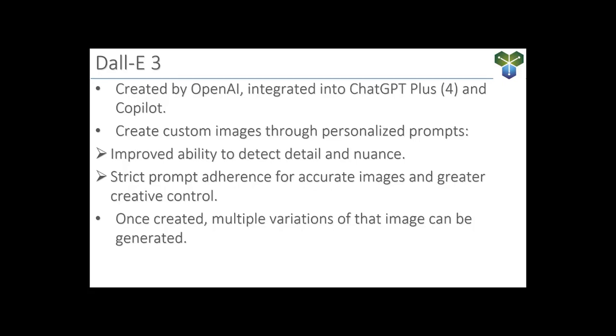So you can really dive in and get your hands dirty, so to speak, as you journey down this creative road to ultimately getting the image that you want. Now, once you have this image created, you can build off that image and create multiple variations. Dall-E 3 can give you multiple options as to which way to go in the creative process.